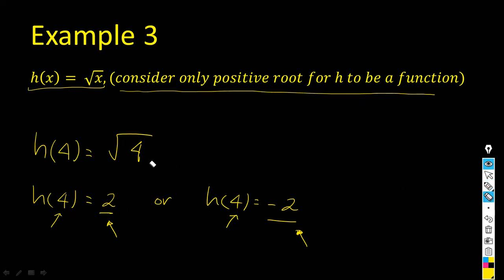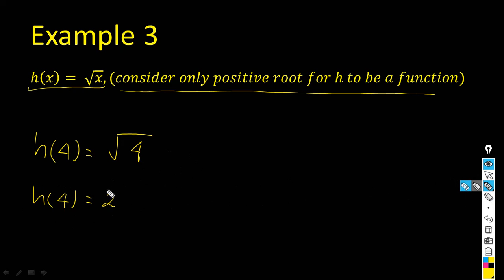So we say, nah, let's ignore the negative side of this square root, and so h is now a function. Can we do that? Sure, no problem. Remember that in mathematics you are the creator. You can do whatever you want. Okay, well, I didn't mean that.